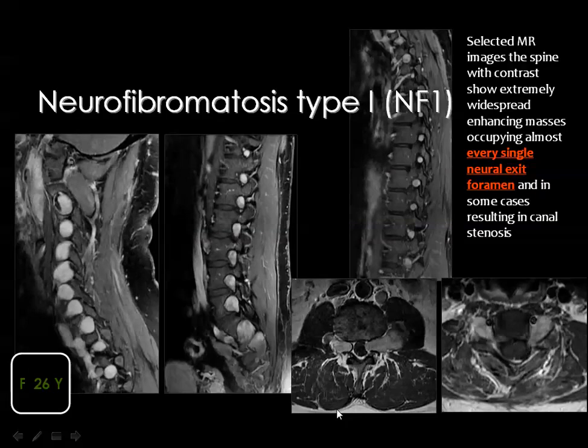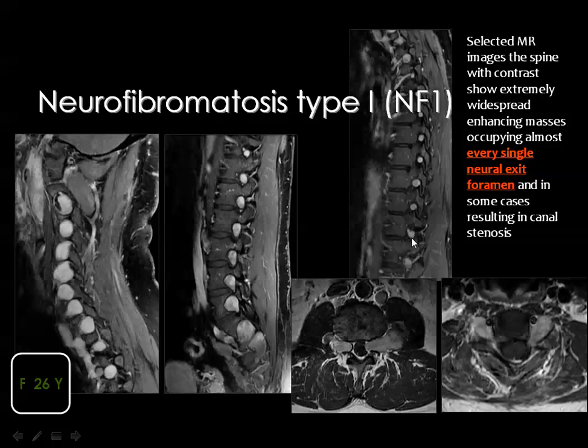And here, if you look at this case, which is a peculiar example of neurofibromatosis involving every single neural exit foramen, starting from the cervical spine, ending in the sacral region, passing by the dorsal region.